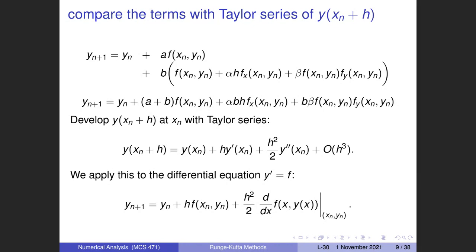So we have y at x_n plus h, which is developed with the Taylor series. The functions are the approximations. The y at x_n plus h is actually the exact value.